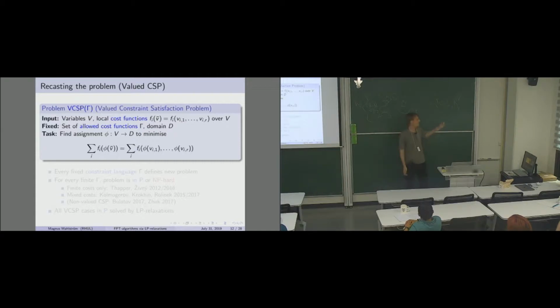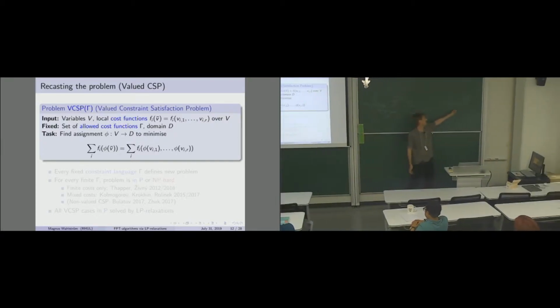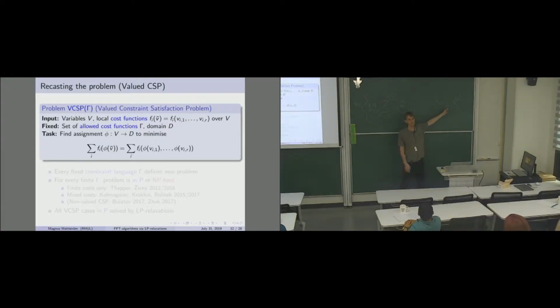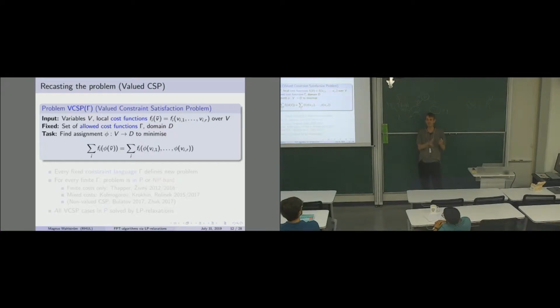The linear program, of course, could use all rational numbers between 0 and 1 to find an optimum. But the fact that there exists an optimum to vertex cover that only takes these values tells you that in some sense you don't need the intermediate values.